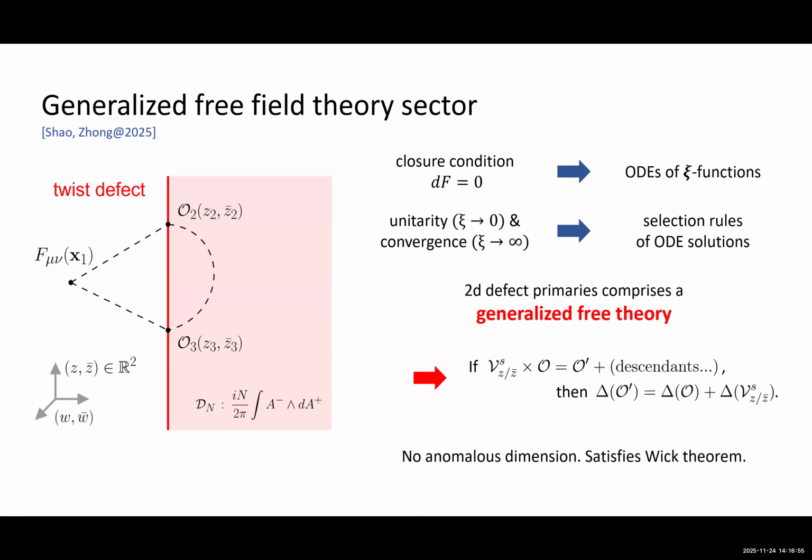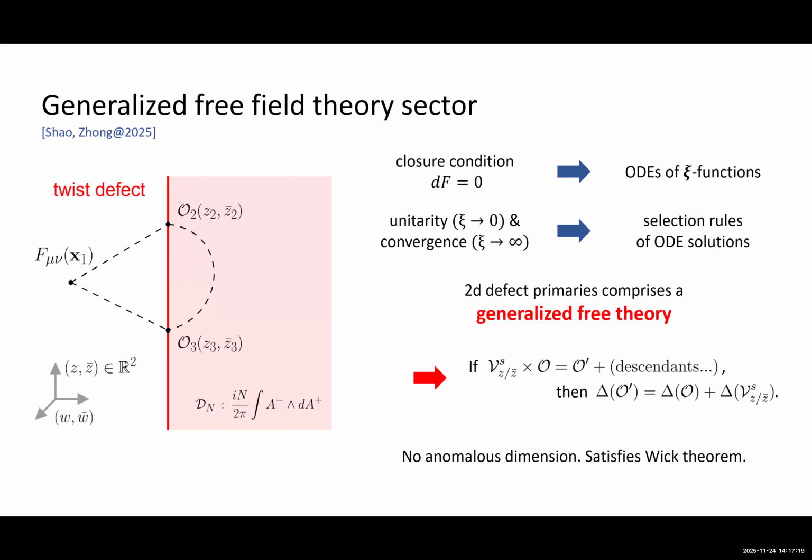This is an extremely strong constraint, and it leads to the consequence that the multiple correlation functions of this defect primary V have to satisfy the Wick theorem. And by that standard, we call this a generalized free series sector.